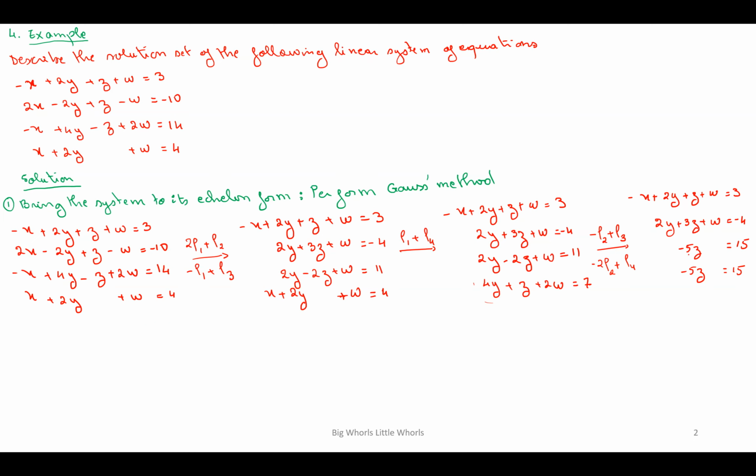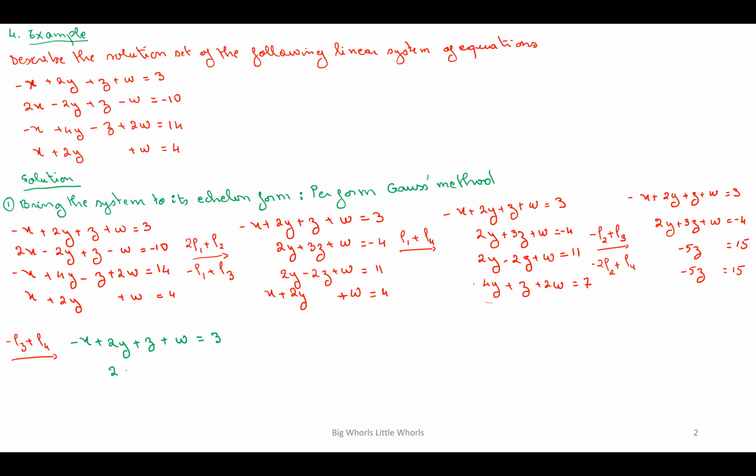The leading variable in the third row is z, so we are going to use the minus 5z in the third row to eliminate the minus 5z in the fourth row. So we have minus row 3 plus row 4, which should give us the final echelon form. Let me write it in another color. So we have minus x plus 2y plus z plus w equals 3.